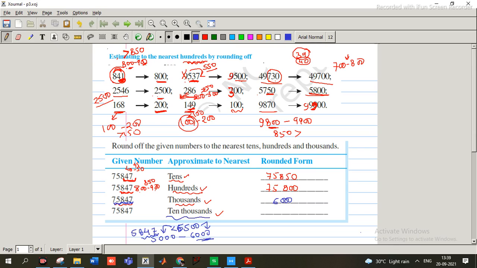Now they are asking about 10,000. 75847. So I'll have to take the whole number, right? So for that, it's 75840, right? So let's take the number from 1 to 10,000. So which will come nearer?